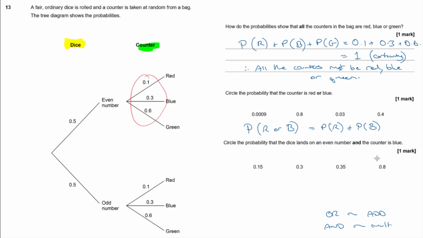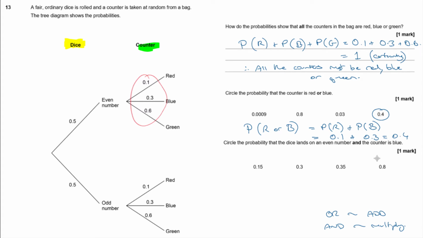So if you can phrase your probability with the word or in it, it tends to be added, and if you can phrase it with an and in it, it tends to be multiplied. So in this case I'm going to be adding these probabilities together. The probability of red is 0.1 and the probability of blue is 0.3. Adding those together, I get 0.4. It's going to be that one there.